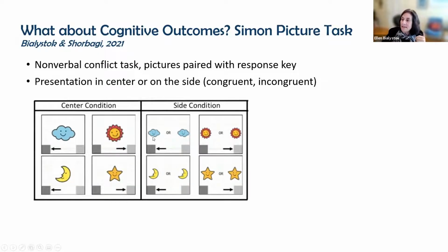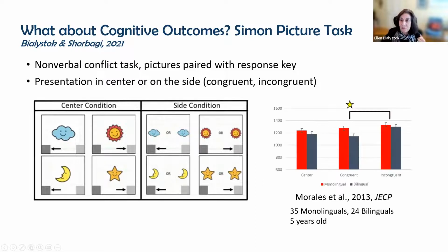And then these suns and clouds can appear either in the middle, so there's no conflict, or on the sides where there could be, because the cloud can be congruent with the correct key or incongruent. This is a task we've used in the past. We published these results some time ago.